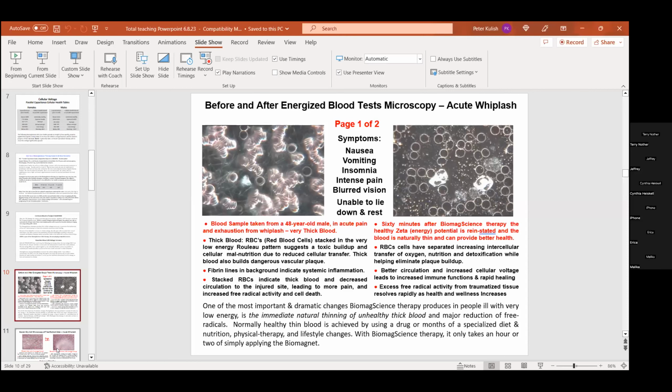And then within an hour, look at it on the right. There it is. He had been this way for months. I don't know how many months exactly, but he was really in sad shape. And then within 30 days, he was back to normal with the correct biomagnetic therapies.